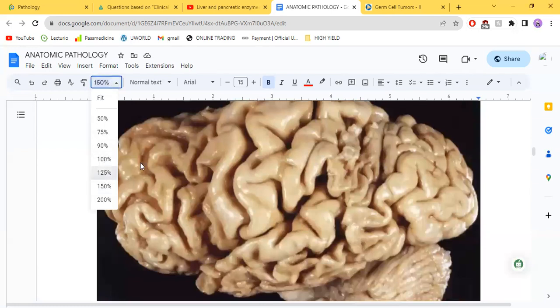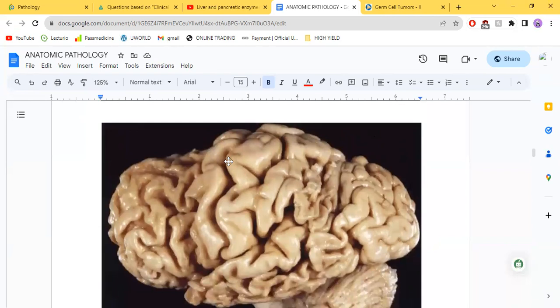So what can you see in this image? Widened sulci. So there's narrow gyri, but this narrow gyri is not global on the whole brain.